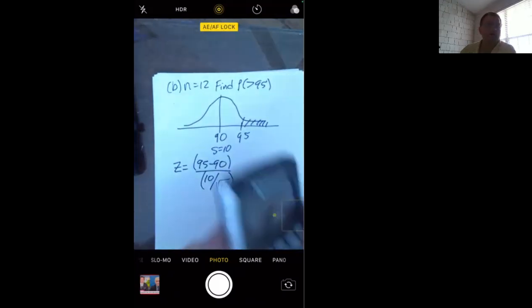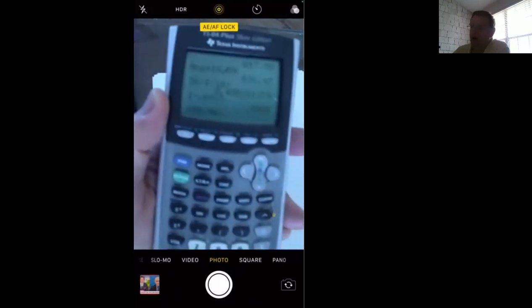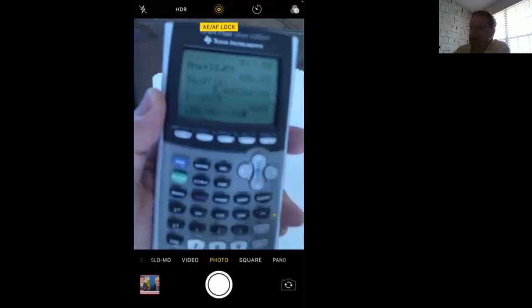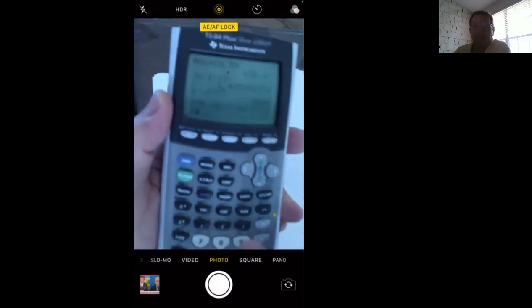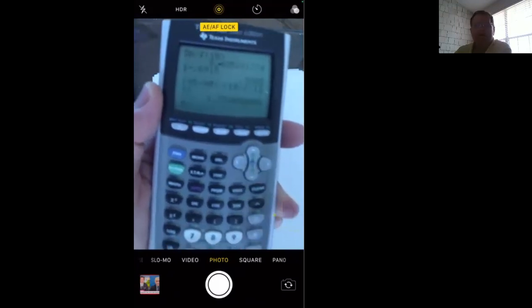I'll trust y'all can punch that. 95 minus 90 divided by parentheses, the square root of 12. 1.73.